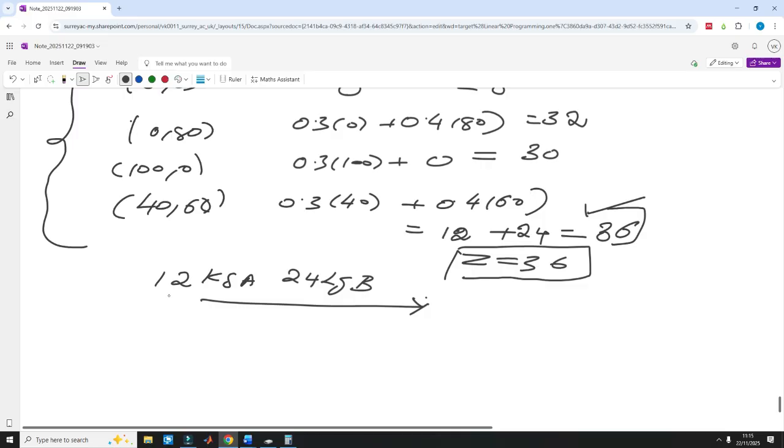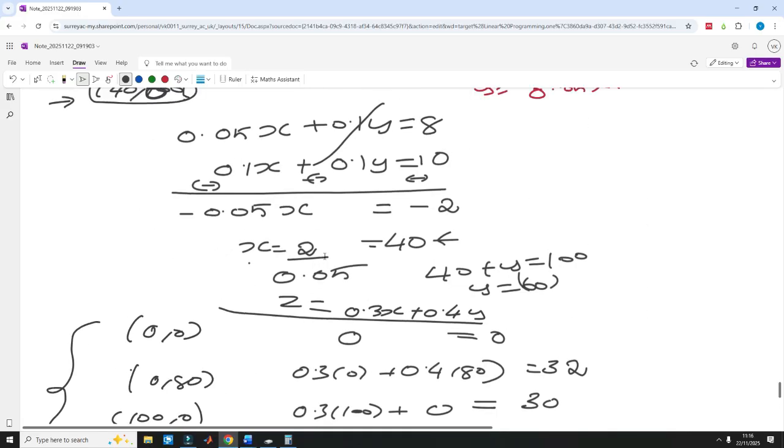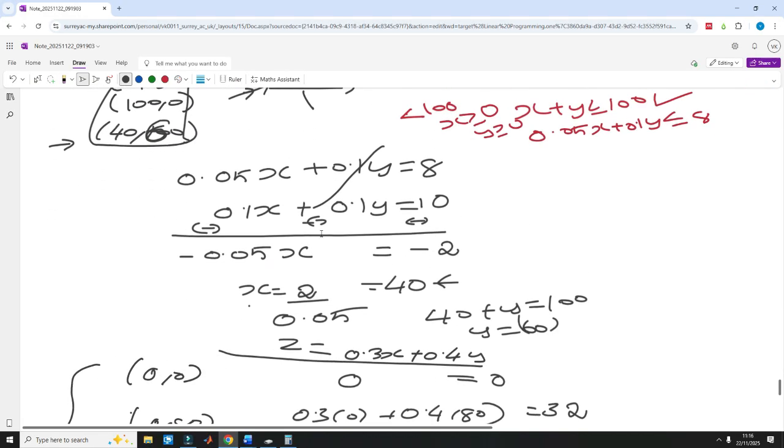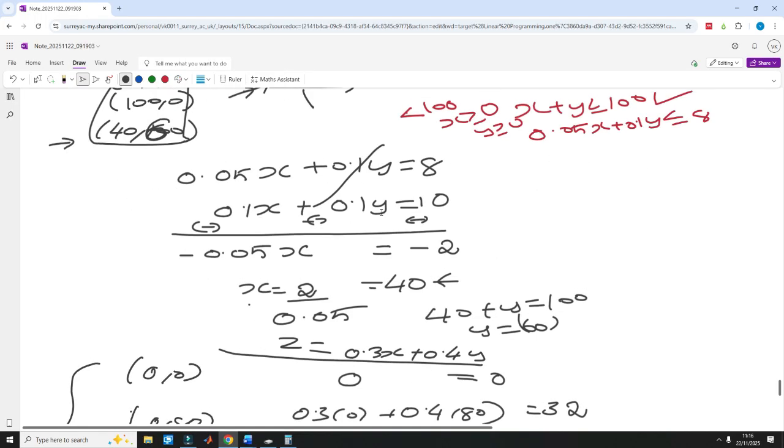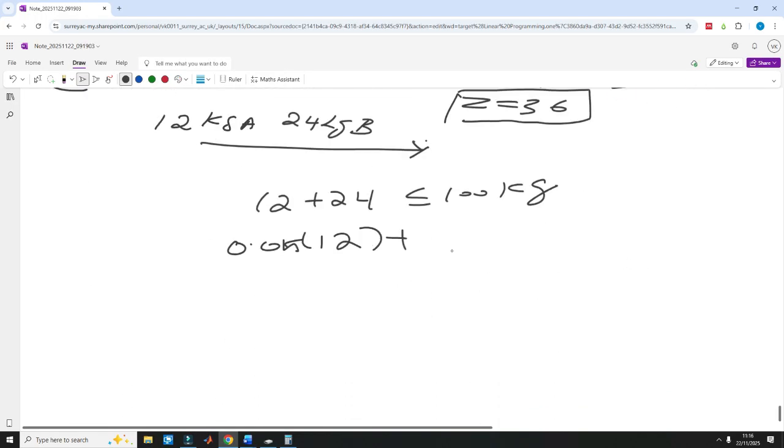And at the same time, this number also meets all the constraints. So 12 plus 24, this is less than 100 kg. And then if you go to the other constraint for the reactor time, 0.05 multiplied by 12 plus 0.1 multiplied by 24, so this will be less than or equal to 8.